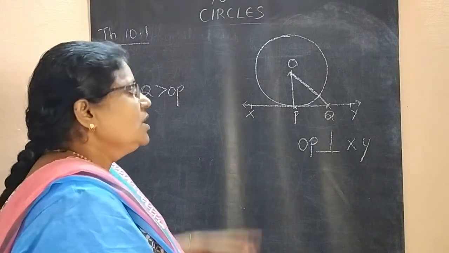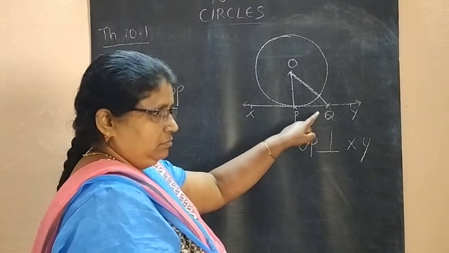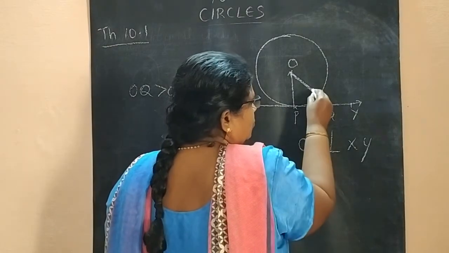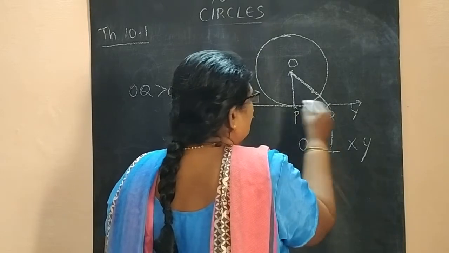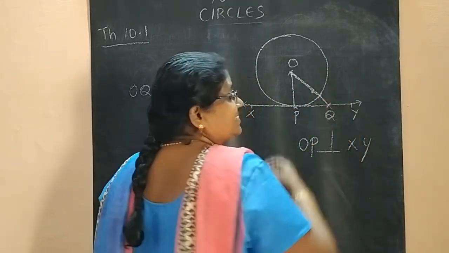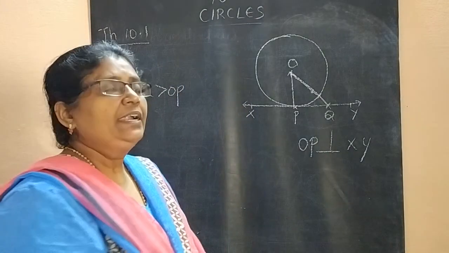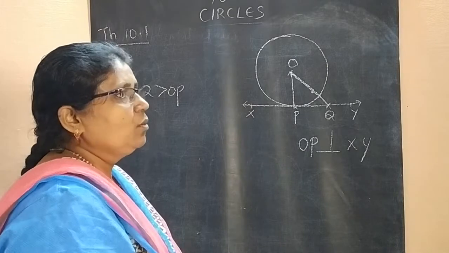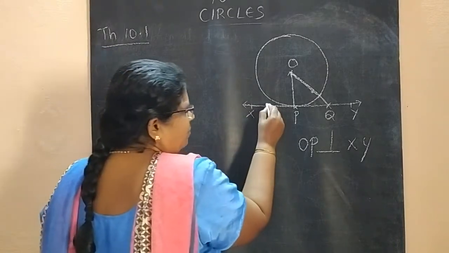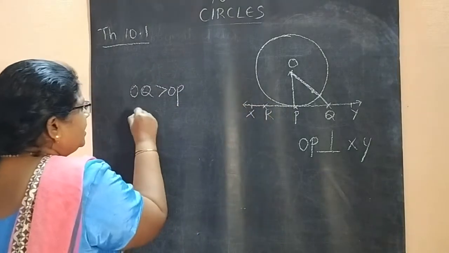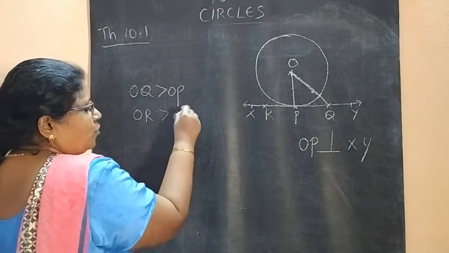Why? Because if it were smaller, Q would be somewhere here inside the circle, which means the line XY would move like this. So it would be a secant, and it would not be a tangent. Understood? So OQ is greater than OP. Now mark a point R here and join, then we get OR greater than OP.